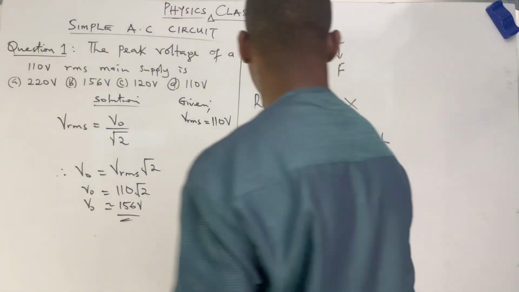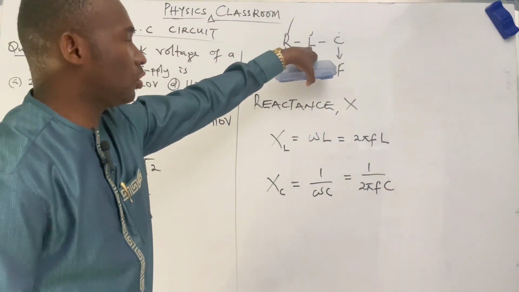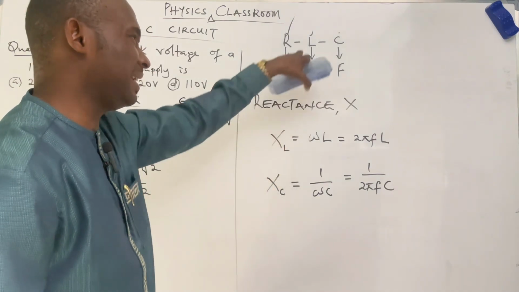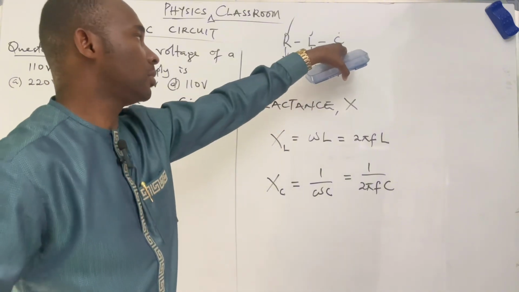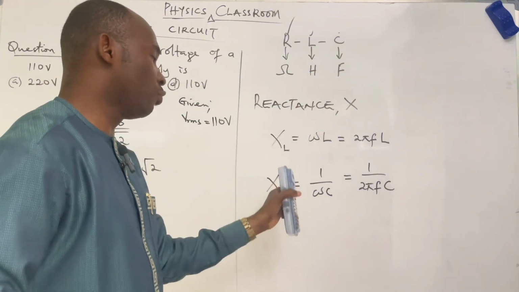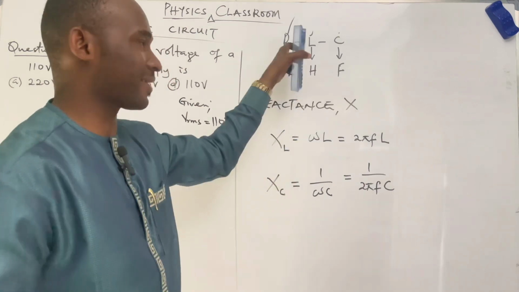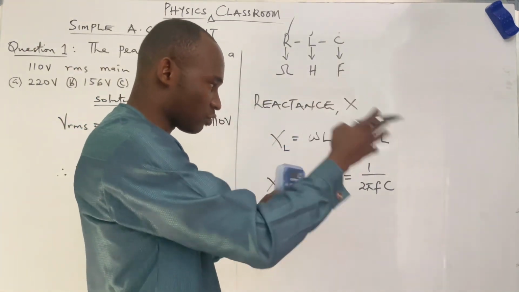Take note of that. If we are working on inductor, we use the inductive reactance in place of resistance. Then when working on capacitor, we use capacitive reactance in place of resistance. Hope you understand. I will shed more light later as we move.